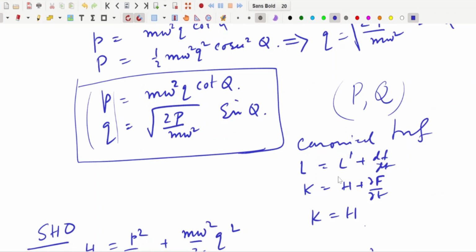Maybe we cannot finish this in this lecture, so we will continue from here. We have seen F1 generate a canonical transformation. Now, we will apply this canonical transformation to a simple harmonic oscillator, and I am going to show you that this will reduce the algebra needed to solve the system.